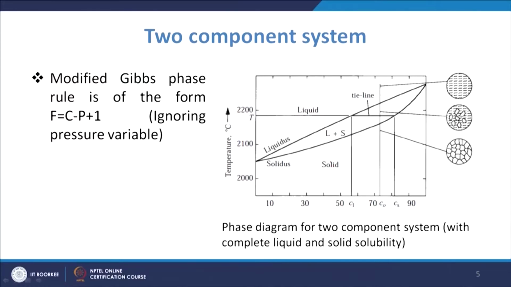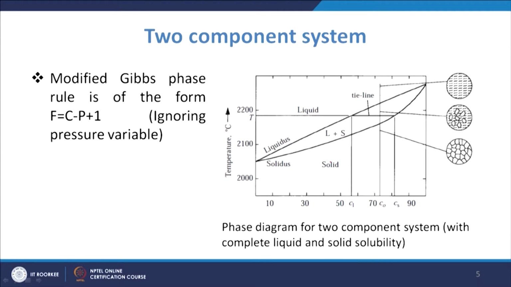In this case you have this as the liquidus line and this is the solidus line. This is the liquid and this is the solid. So, normally this is typically for that type of phase diagram where the two components have the solid as well as the liquid complete solubility in them.